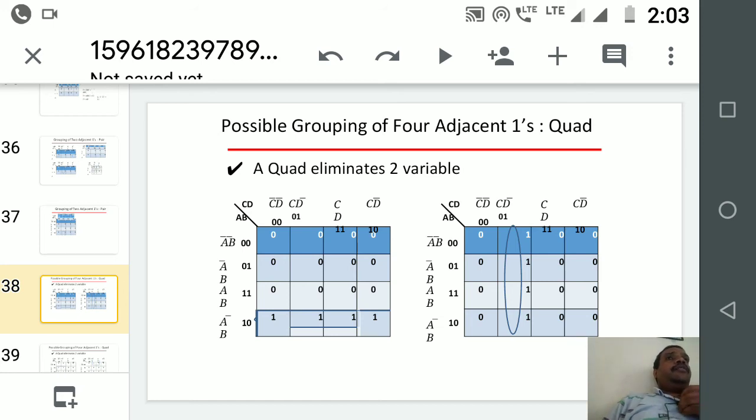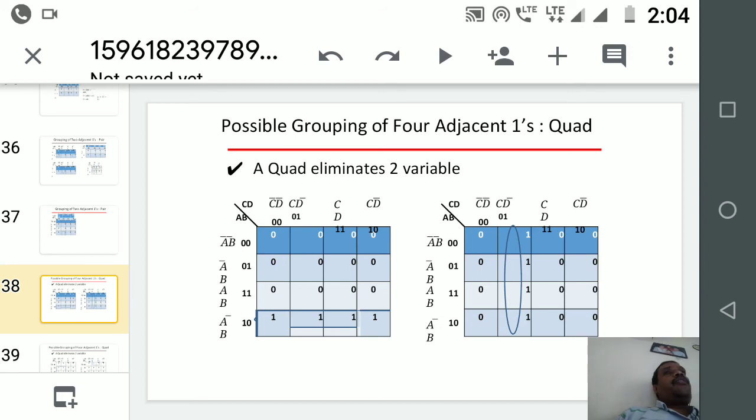When you make the group of ones by 4, that is, if you combine 4 ones as concerned to the SOP, or if you combine 4 zeros as concerned to the POS, then it is called a quad.